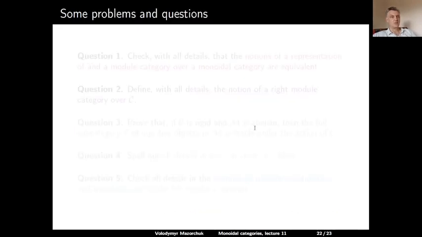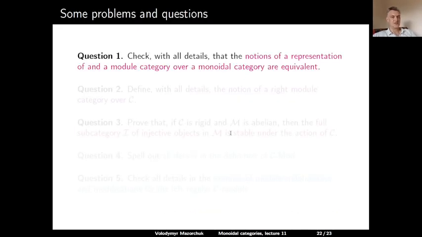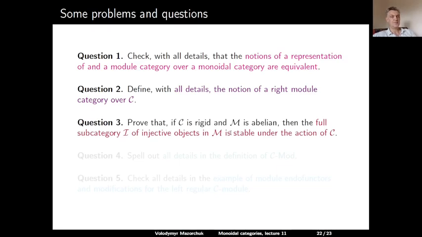So let us finish with some problems and questions. Question 1. Check with all details that the notions of a representation of and a module category over a monoidal category are equivalent. Question 2. Define with all details the notion of a right module category over C. Question 3.